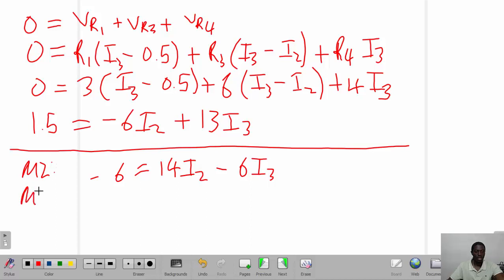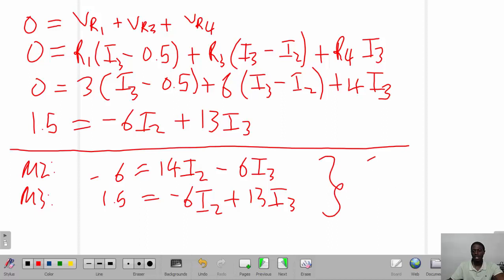And for mesh 3, we have found our equation to be 1.5 should be able to give us minus 6I2 plus 13I3. So you solve these equations simultaneously and you're able to obtain the values.